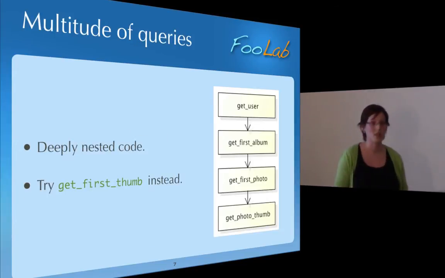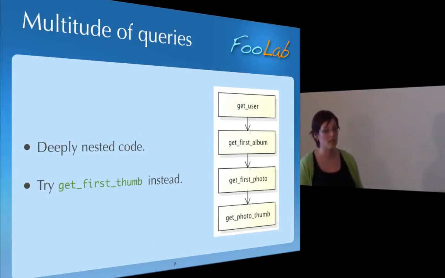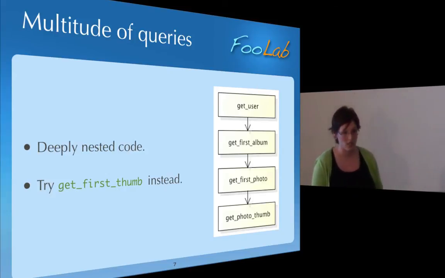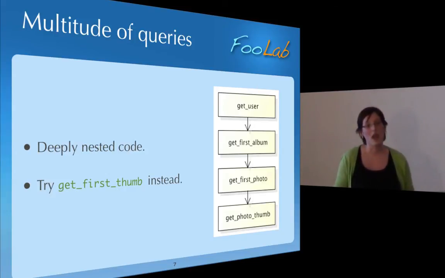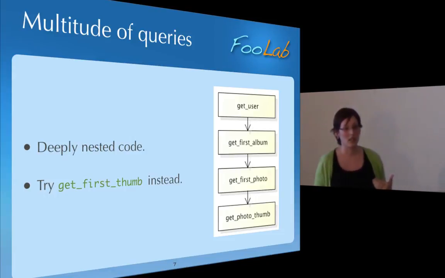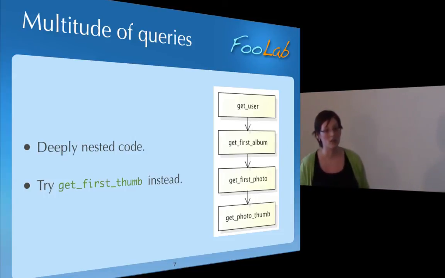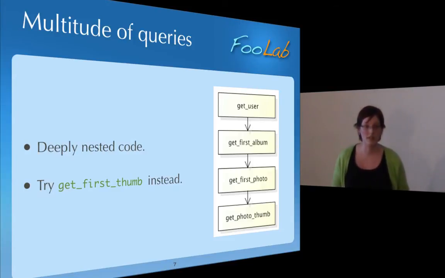Another way of creating multiple queries is when you have deeply nested code. Now, not all people write like this, but I've seen code such as this. For example, you have a function that executes a query and then passes control onto the next function that will then execute another query and so on. So you can end up with a lot of queries.